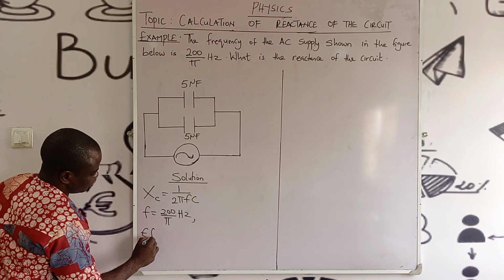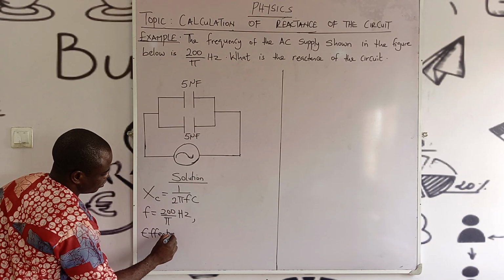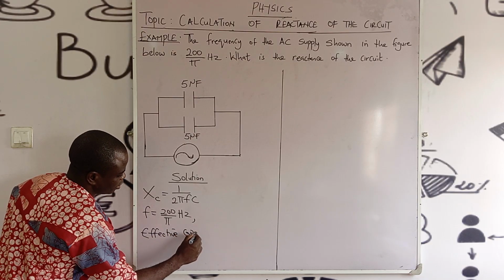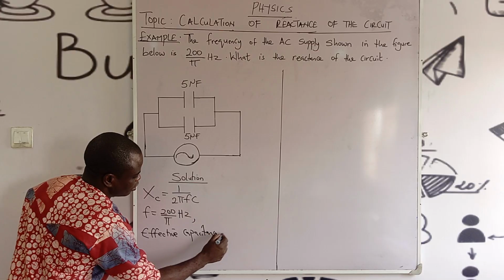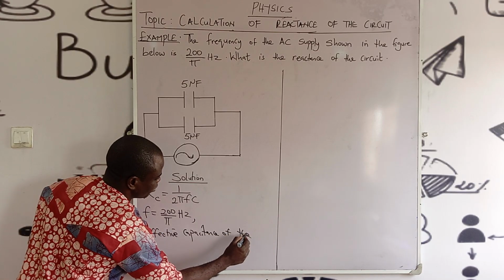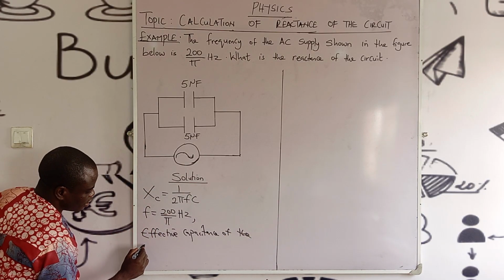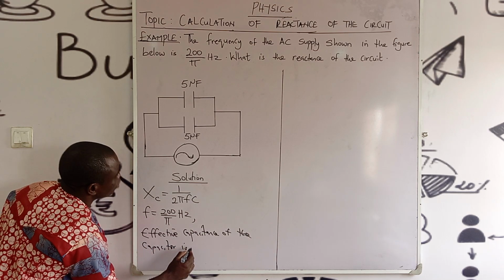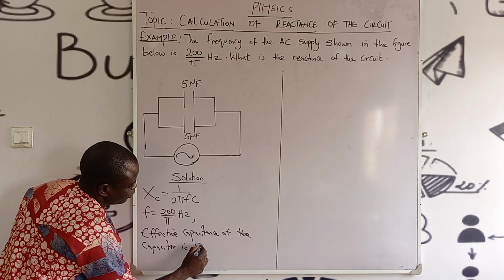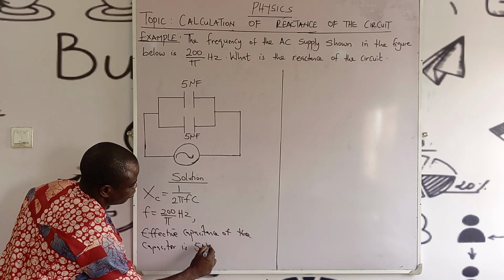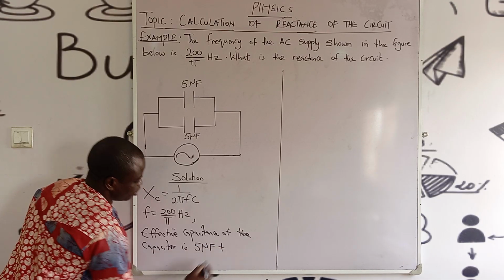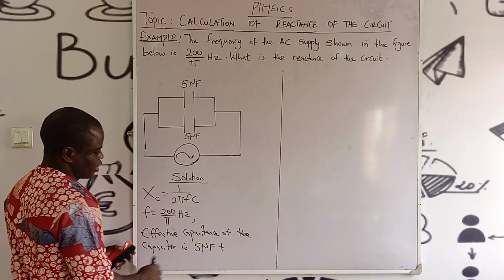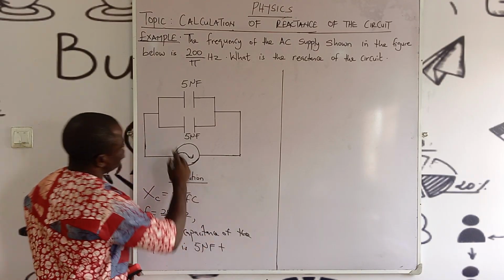The effective capacitance of the capacitor is 5 microfarad plus 5 microfarad, because they are in parallel.